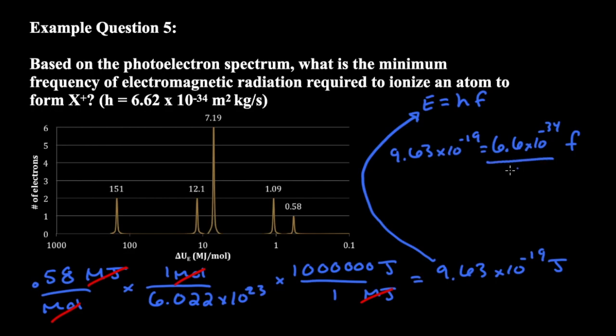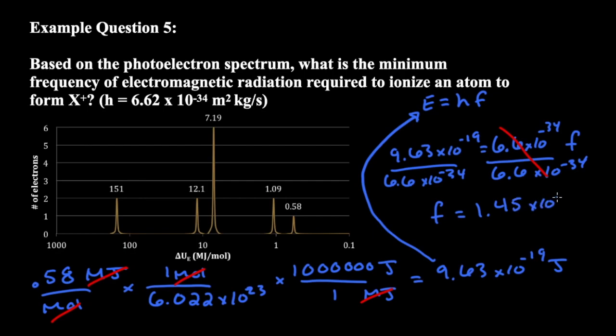When we divide both sides of the equation by Planck's constant, this cancels out, and we'll divide by the same thing on this side: 6.6 times 10 to the negative 34. We'll get that the frequency is equal to 1.45 times 10 to the 15th power, and the units for this are a second raised to the negative 1, or per second.